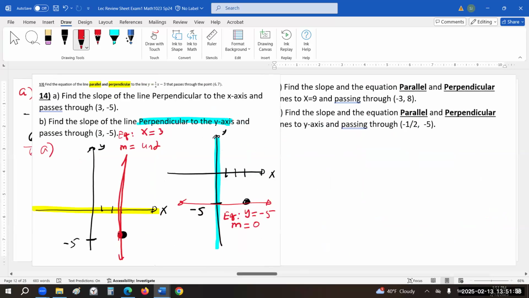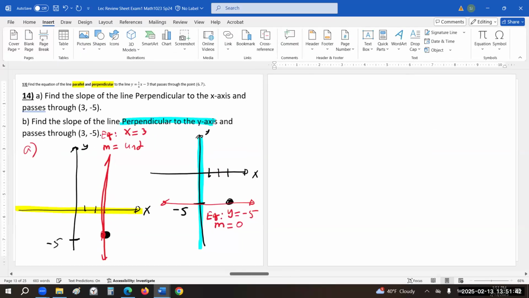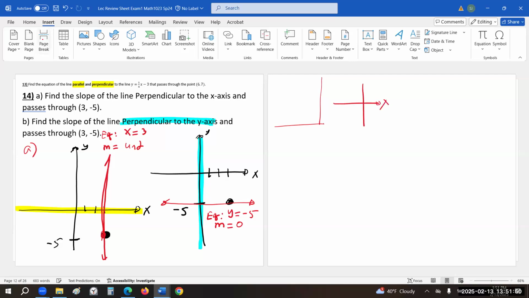So in the exam, what I'm going to give you is this. First, you have your question here. In the second box, I'm going to give you an X and Y plane, so that you don't forget to graph it. Once you graph, then you have two parts. One is what's the equation?